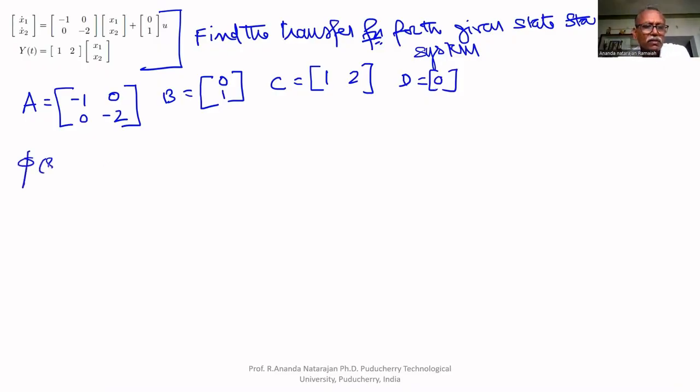Therefore, phi of s equal to (sI minus A) inverse. That is a 2 by 2 matrix.